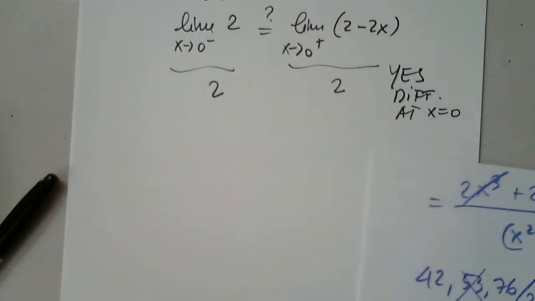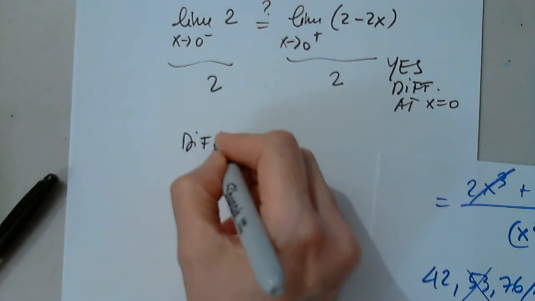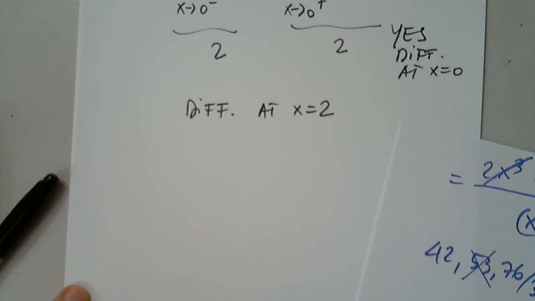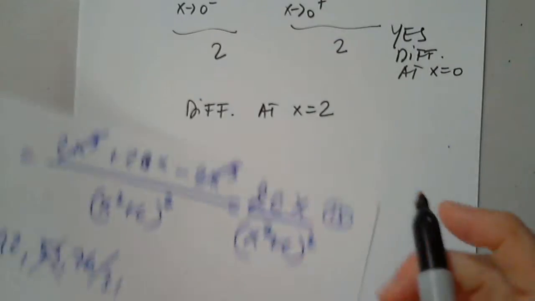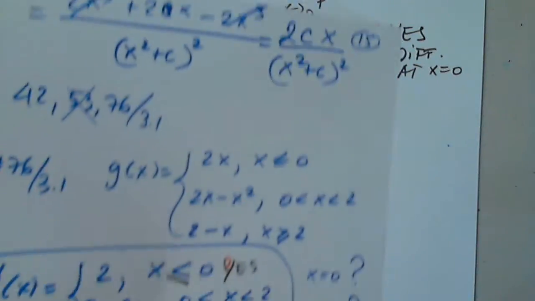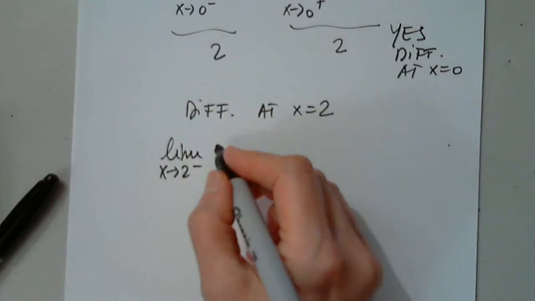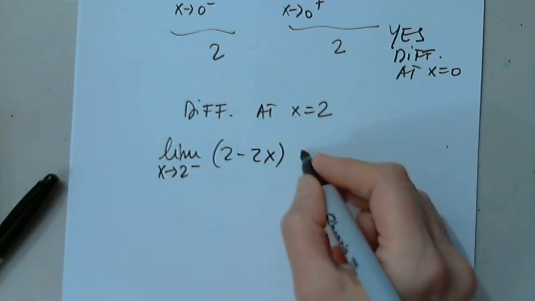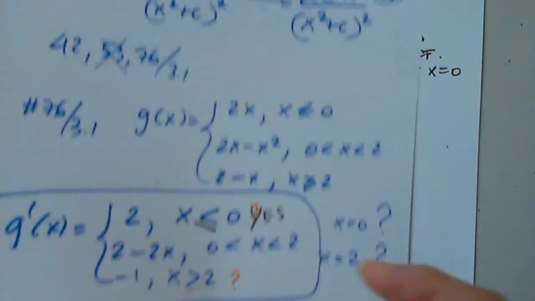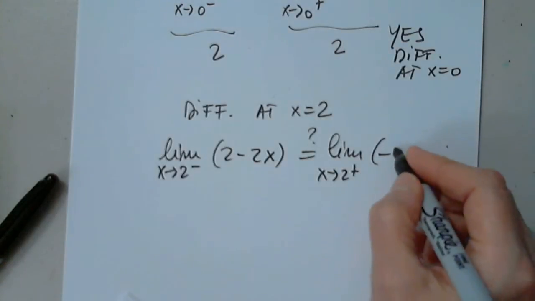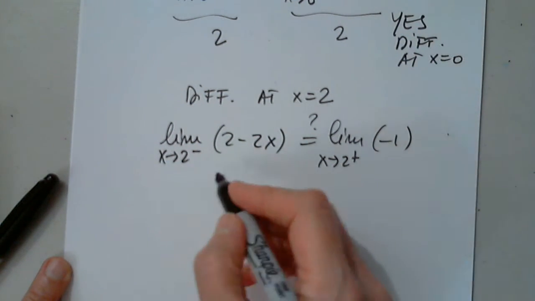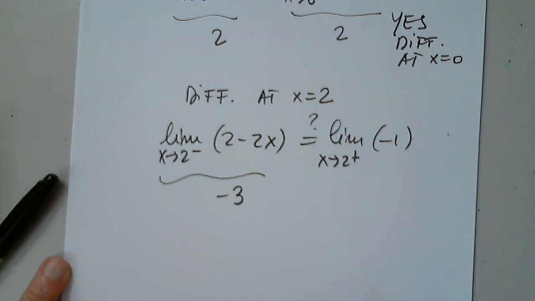I'll do the same thing for differentiability at x equals 2. Limit from the left of 2 minus 2x. Does it equal the limit from the right, -1? So 2 minus 4, this is -2.